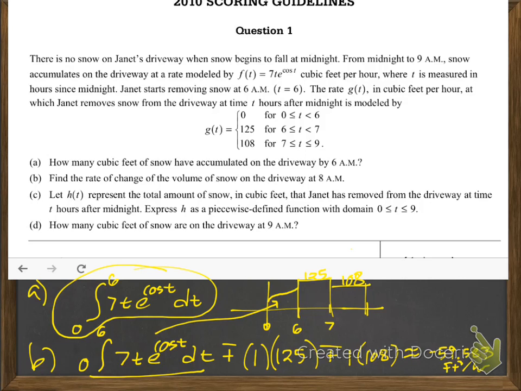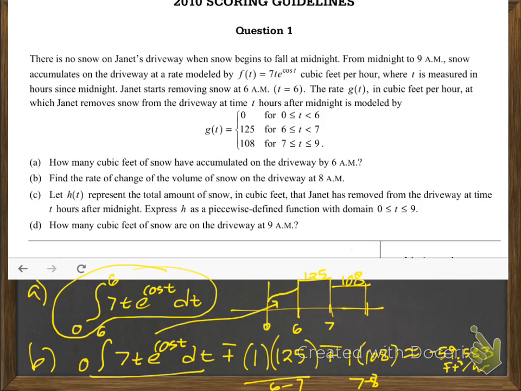I'll fix them later. Then you're removing an hour's worth of 125 cubic feet per hour, because remember that's 6 to 7, and then the last one, an hour's worth of 7 to 8, 108 cubic feet per hour, 7 to 8, not 78.